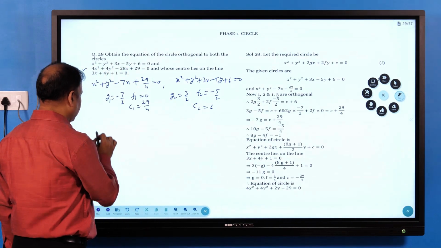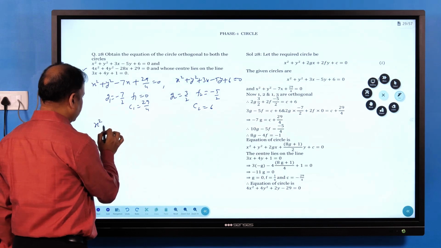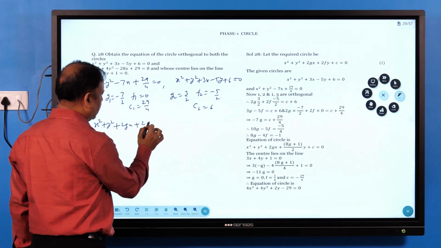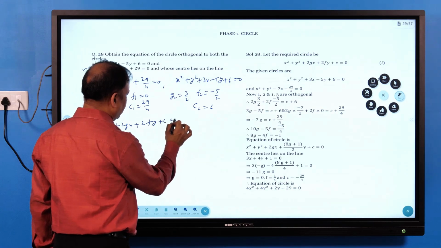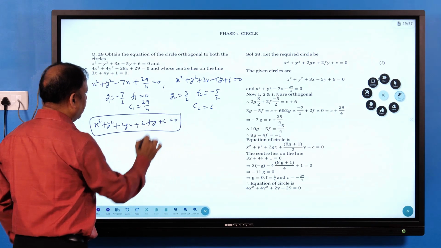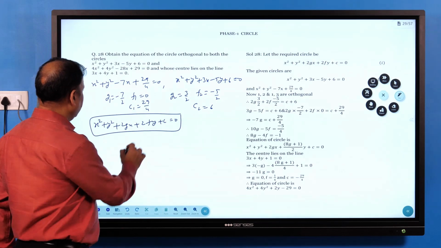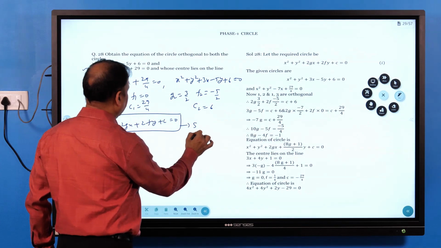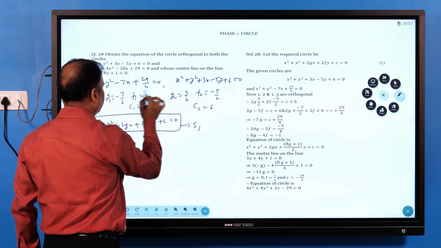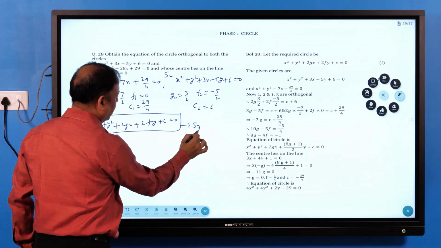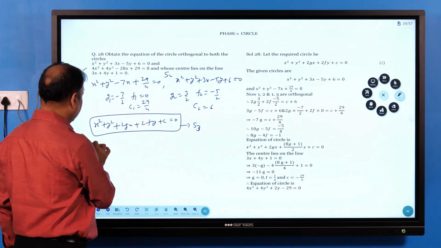Let equation of circle which is orthogonal is x square plus y square plus 2gx plus 2fy plus c is equal to 0. This be the required circle which is orthogonal to this S1 and S2 both. So this is S3. This is circle S1. Suppose this is circle S2. So S1, S2, S1, S3 are orthogonal. So S1 and S3 are orthogonal.